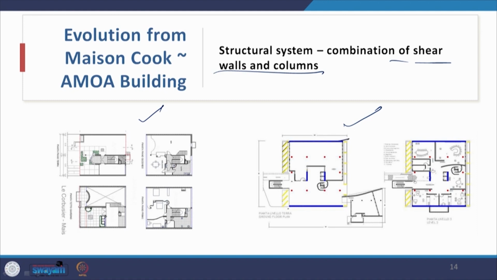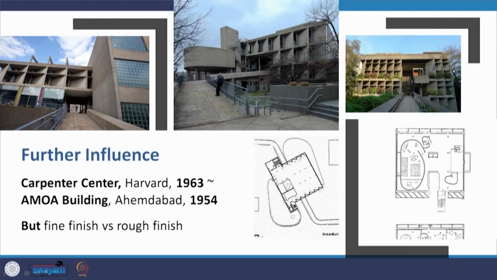There are shear walls within, and amazingly these sunbreakers, these brise soleil panels also serve as shear walls. Now the influence of Corbusier on his own work not only comes from the past to Chandigarh or Ahmedabad, but carries on from there in his own works beyond that, for example in the Carpenter Center.